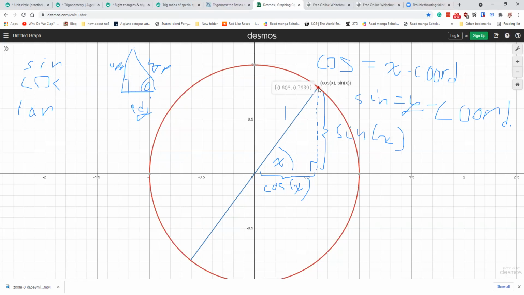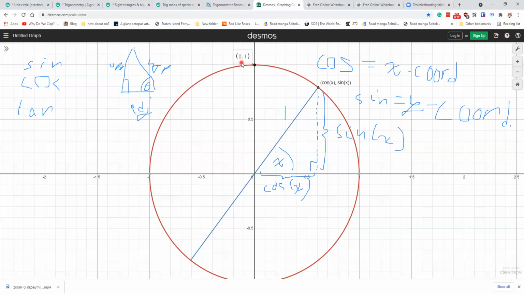So if we were to look at the sine of, what would this angle be? Well, it's a 90-degree angle, right? And so the sine of 90 degrees, or pi over 2 radians, is equal to, what is the y-coordinate? It's 1. Now, what is the cosine of pi over 2, or 90 degrees?